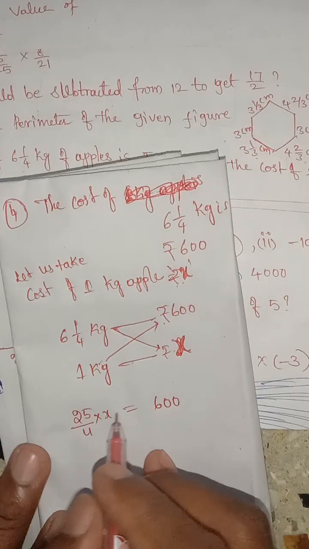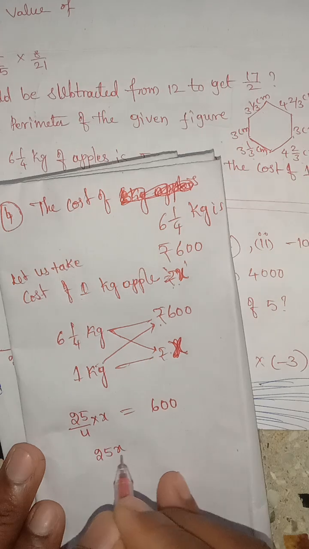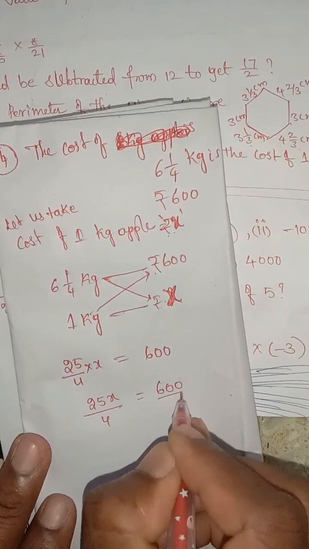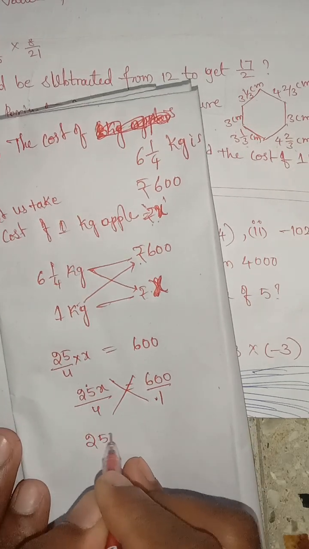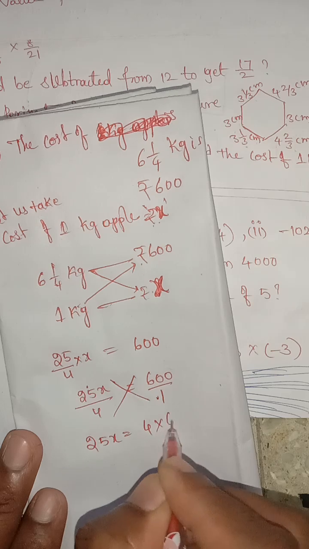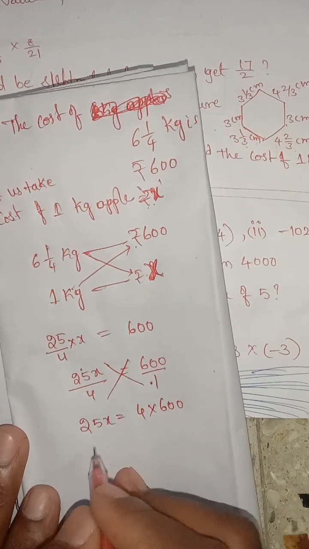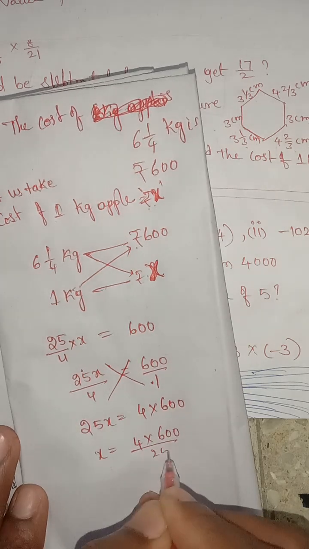So 25x by 4 equals 600 by 1. Cross multiplying, 25x equals 4 into 600. So x equals 4 into 600 by 25.